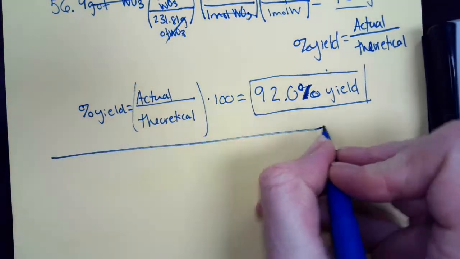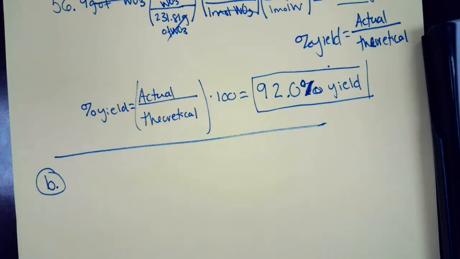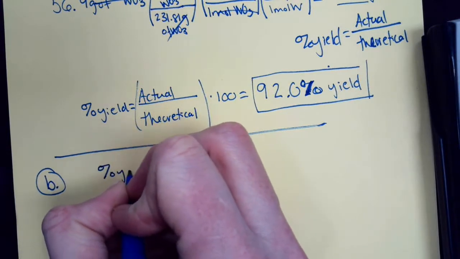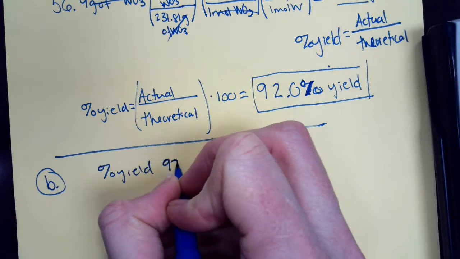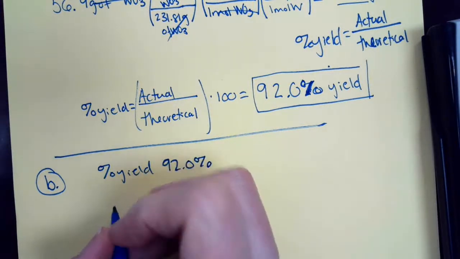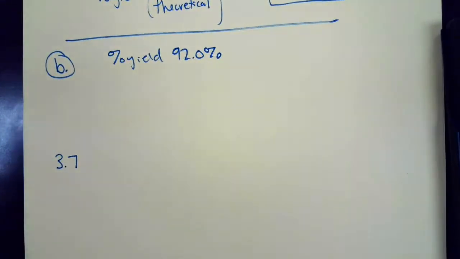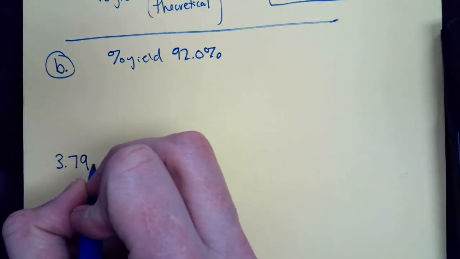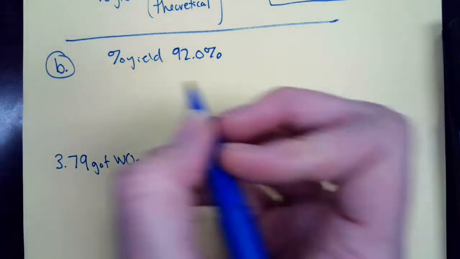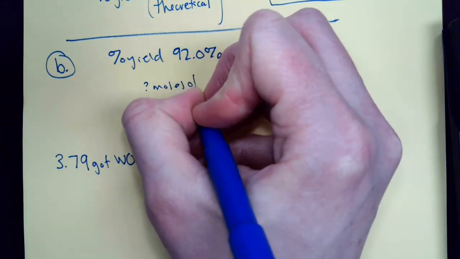All right, should we move on to B? B is asking you if you have a percent yield of 92% for a different reaction, and you have 3.79 grams of tungsten oxide to begin with. How many moles of tungsten do you have?